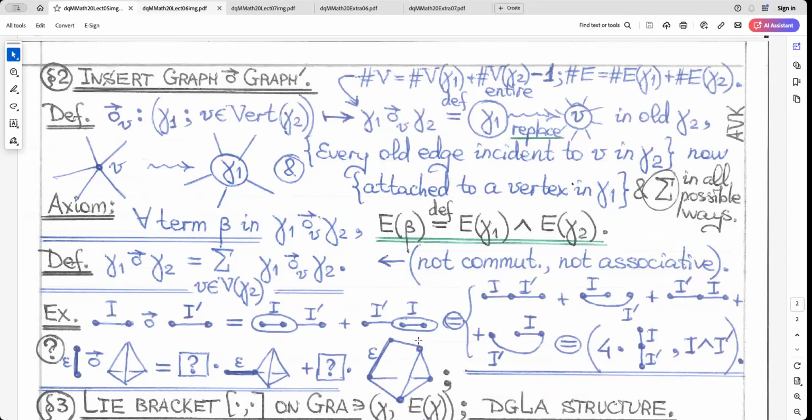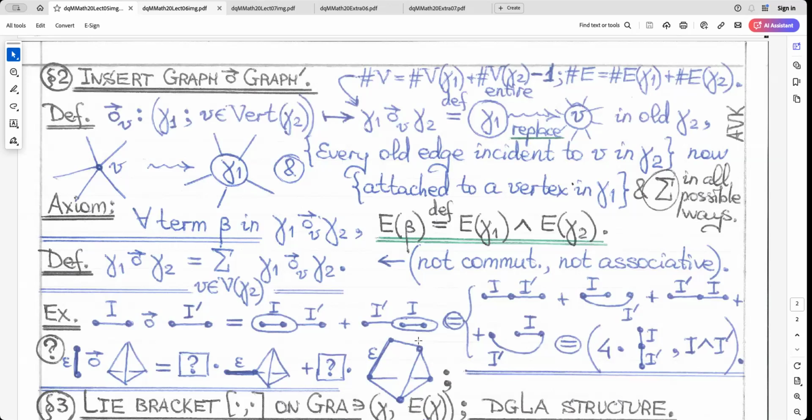First goes the only edge here, and second, lastly, goes the only edge here. Likewise, an exercise: when we insert a stick into the 3-wheel, the tetrahedron, then we blow up this vertex, or this vertex, or this vertex, or this vertex into the stick.